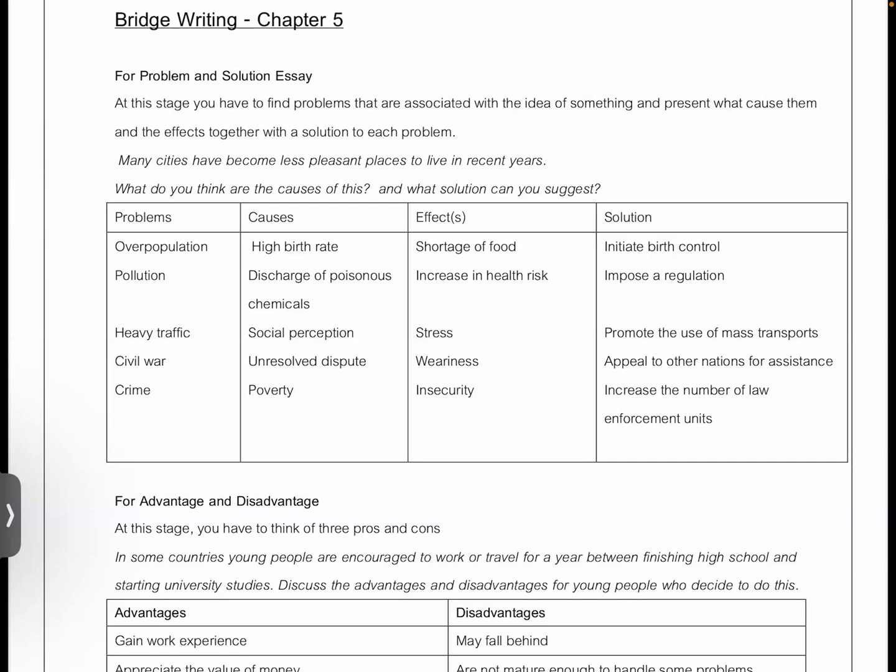What about pollution? How would you prevent that? Well, you need to impose a regulation. What about heavy traffic? Then you can promote the use of public transportation. Civil war can be prevented by appealing to other nations for assistance. Crime can be prevented by increasing the number of law enforcement units.